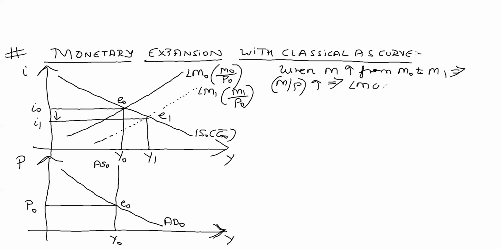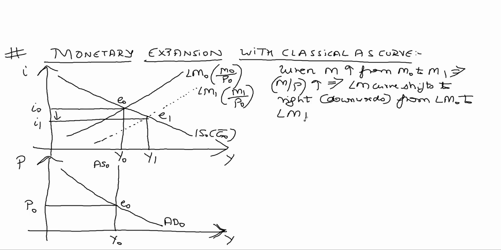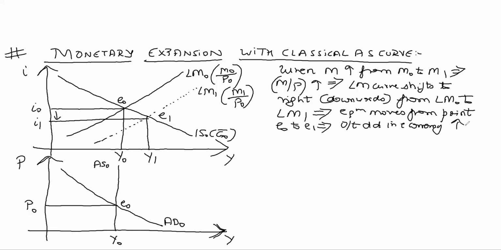So LM curve shifts to the right, downwards, from LM0 to LM1, which implies equilibrium moves from point E0 to E1, which implies output demanded in the economy increases from Y0 to Y1.